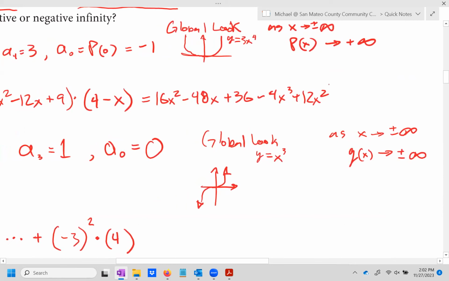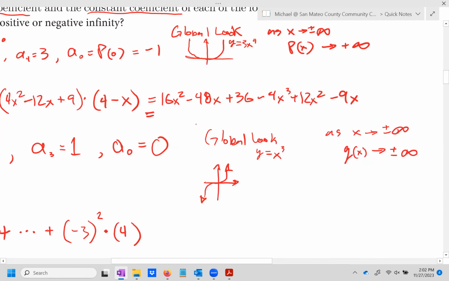Minus x times plus 9 is going to be minus 9x. And if I organize all these things together, I get negative 4x cubed.